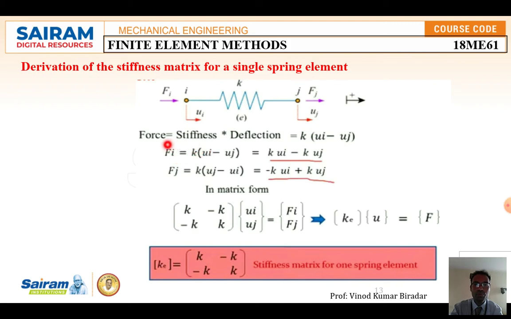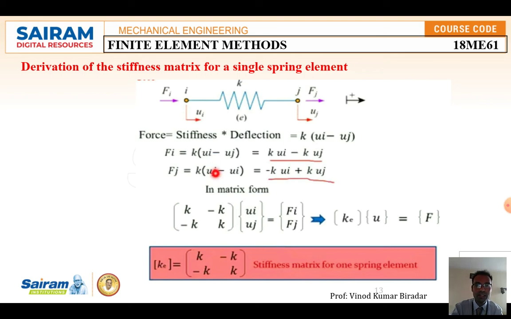We know force is equal to stiffness into deflection, which in mathematical form we can write as k(ui minus uj). So fi is equal to k(ui minus uj), which is equal to k ui minus k uj, just multiply this equation. And fj at node number 2 is the force in the opposite direction, so you interchange: write uj here and ui on this side. That is f1 equal to minus f2, so because of that we get a negative sign.